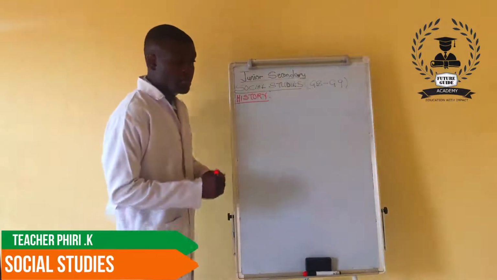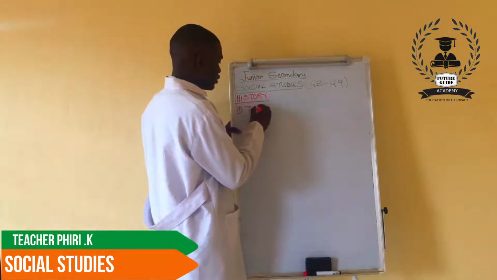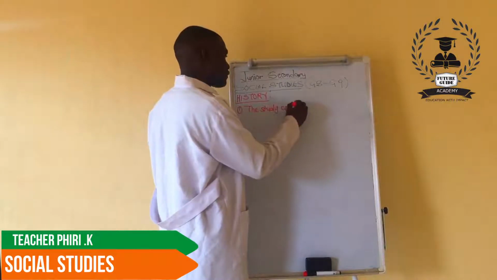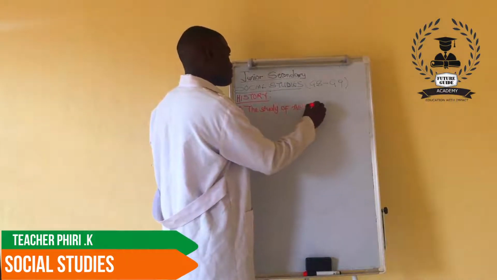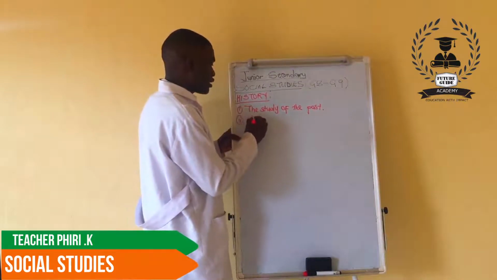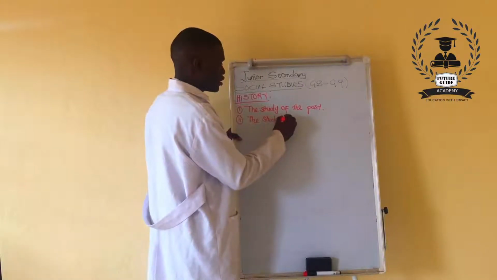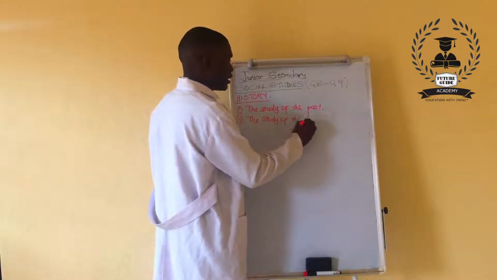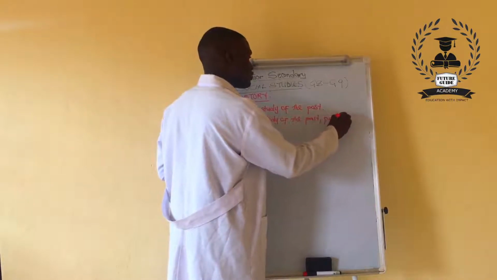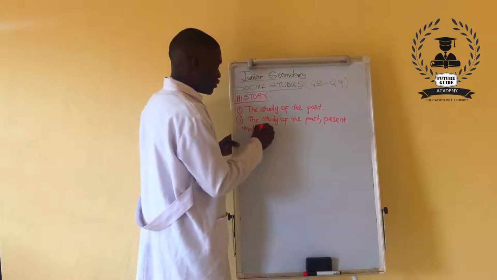Now, let's write the 3 definitions. We are saying 1, the study of the past. 2, saying the study of the past, present, and future.